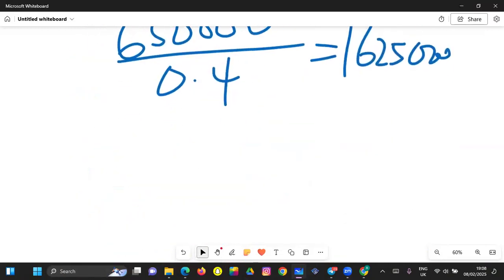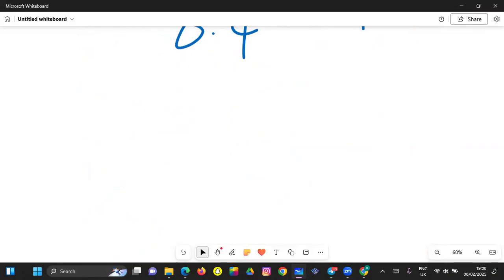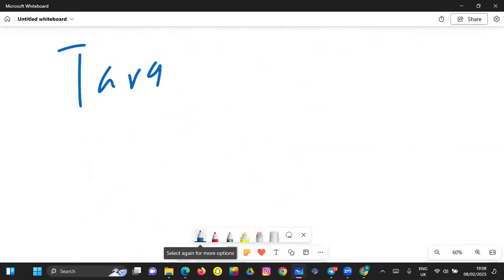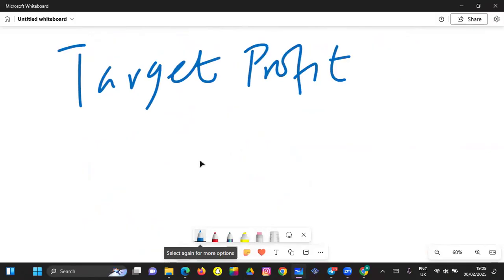So let me use this opportunity to introduce taxes. If you want a target profit where there is tax, because whenever you are a business and you make profit, your profit is going to be taxed.